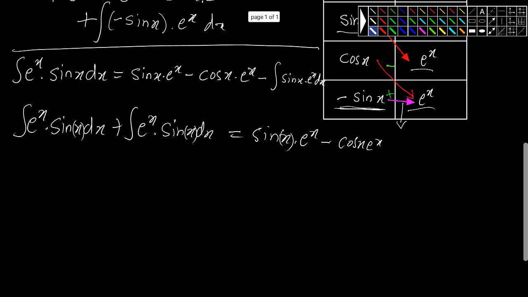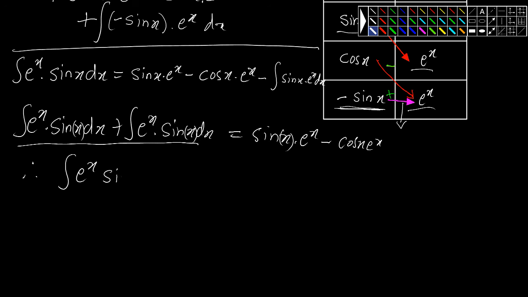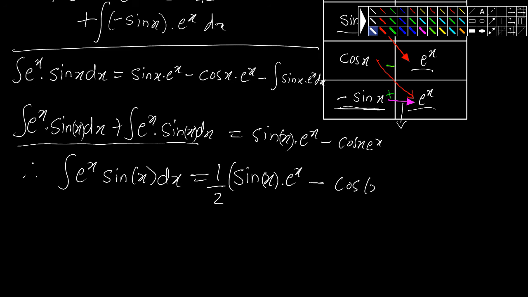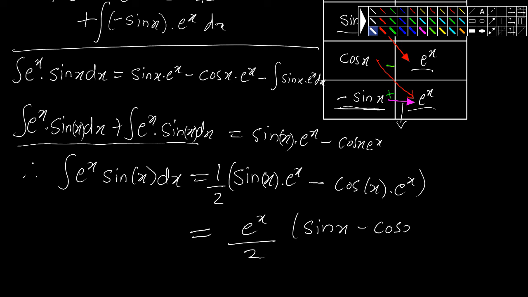So what is this? This is just 2 times integral e to the x times sine x dx. Therefore, integral e to the x sine x dx is equal to sine x e to the x minus cosine x times e to the x, which can be simplified further as e to the x by 2 times sine x minus cosine x.